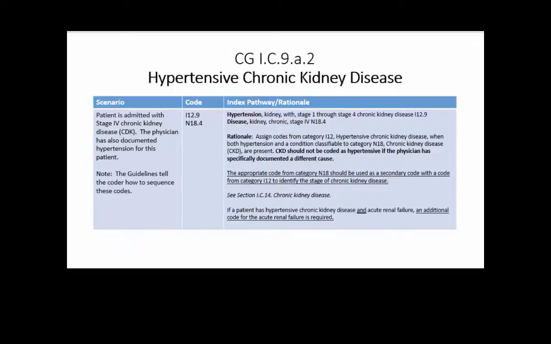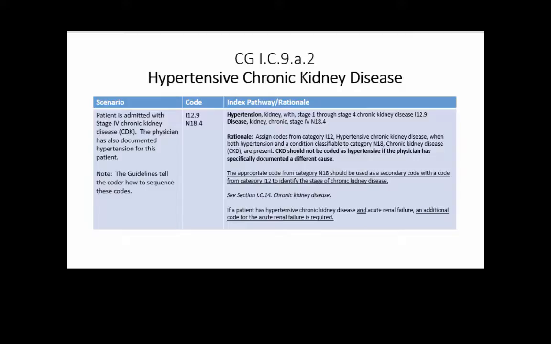as well as the hypertensive heart disease with heart failure. Hypertensive chronic kidney disease, this is another one of those where you are assuming a relationship unless the doctor tells you there's not a relationship. The patient's admitted with stage 4 chronic kidney disease, which you will also be coding. Hypertension, kidney with Stage 1 through Stage 4 chronic kidney disease is the principal diagnosis, I12.9, and we also code which stage of the chronic kidney disease.